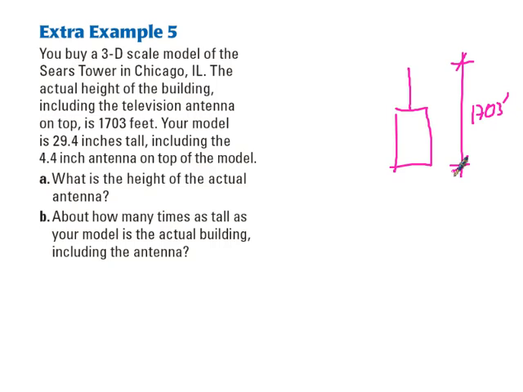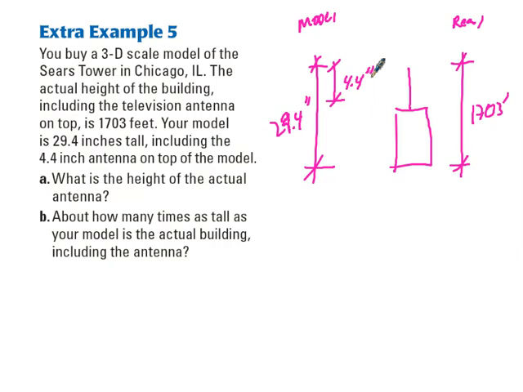So your model is 29.4 inches tall, including the 4.4 inch antenna. So we have an antenna here that is 4.4 inches tall. What is the height of the actual antenna?